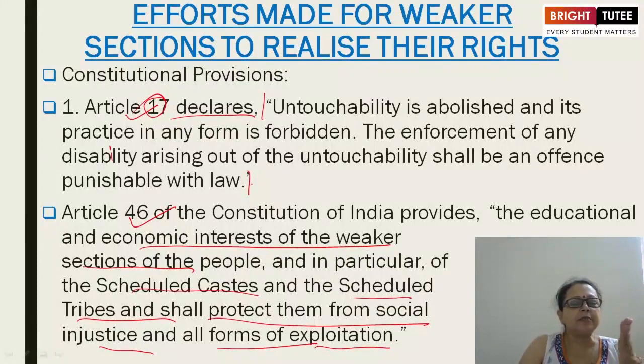They were considered marginalized groups, not supposed to stay in or come to the mainstream of society. They were completely excluded from society. So how to protect them from social injustice and all forms of exploitation?